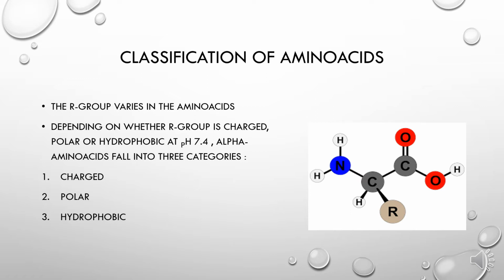Amino acids can be classified depending upon whether the R group is charged, polar or hydrophobic at pH 7.4. Alpha amino acids fall into three categories: first charged, second polar, and third hydrophobic. The R group varies in all the amino acids, and depending upon that we have this classification.